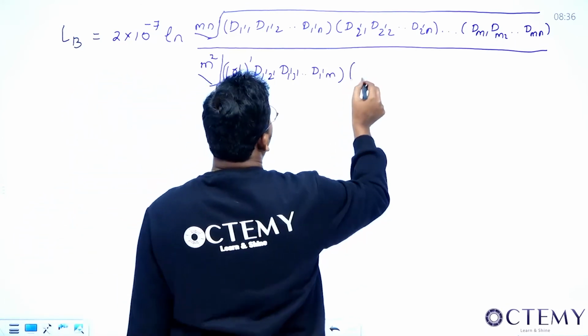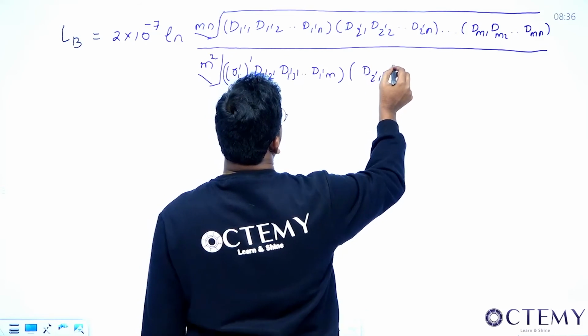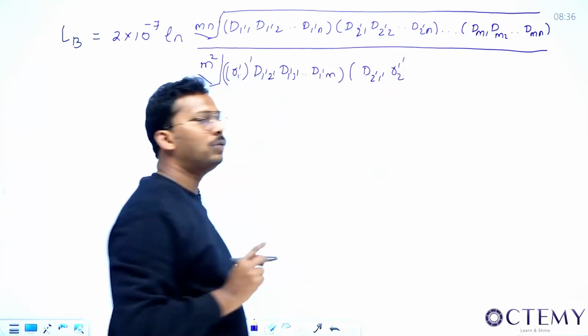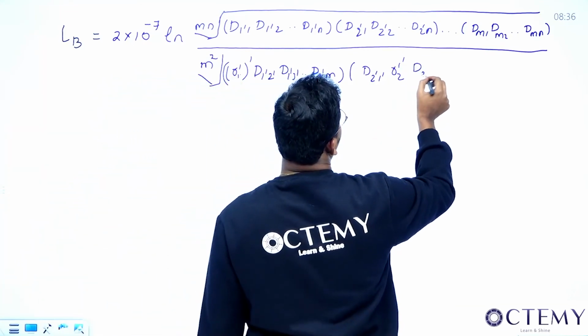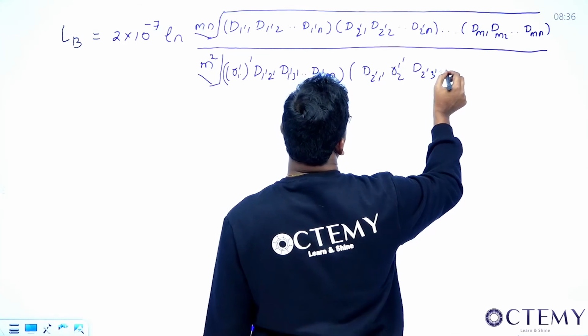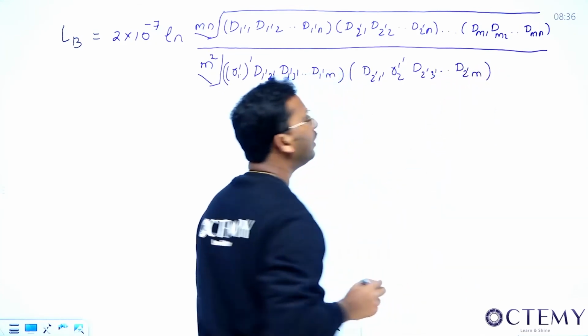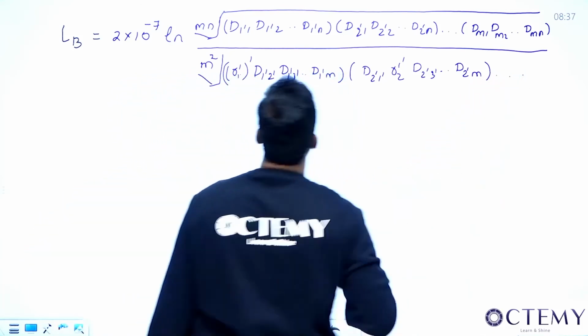Similarly, distance between 2 dash and 1 dash, this is R2 dash, that is R2's effective radius. Next, distance between 2 dash and 3 dash, and then so on, distance between 2 dash and m. In the denominator, you have all m terms only, sir. Here you will not be getting any n here, right?